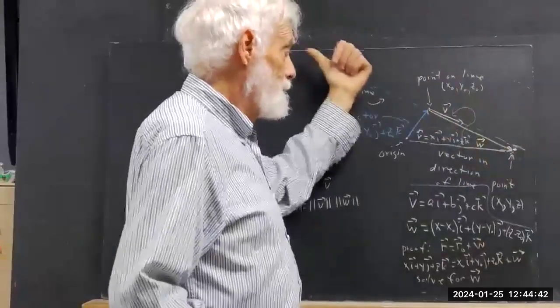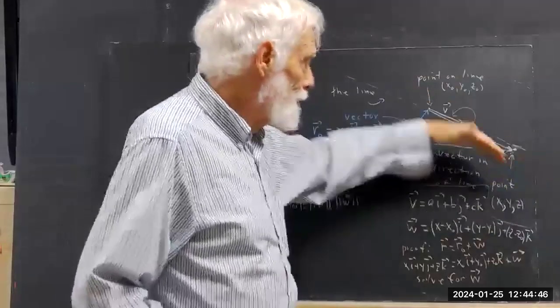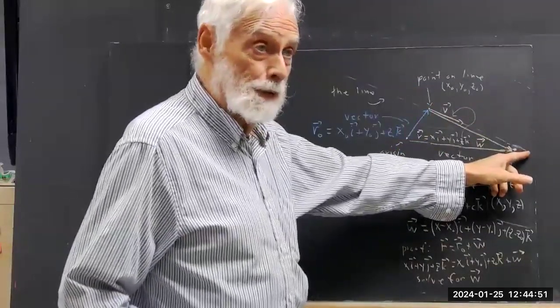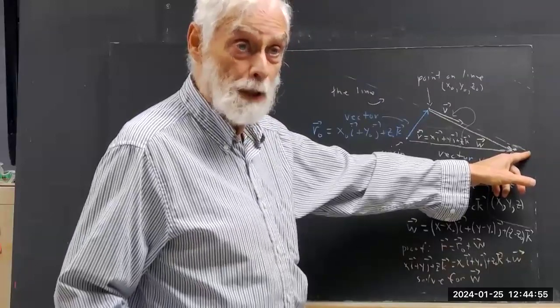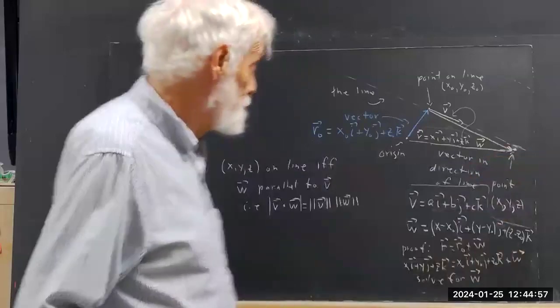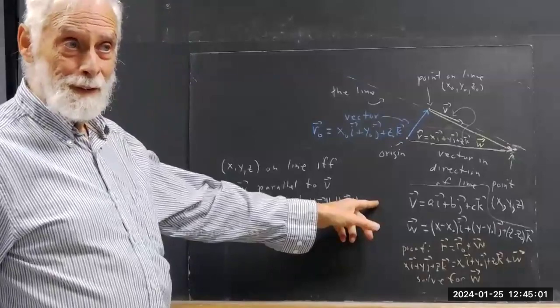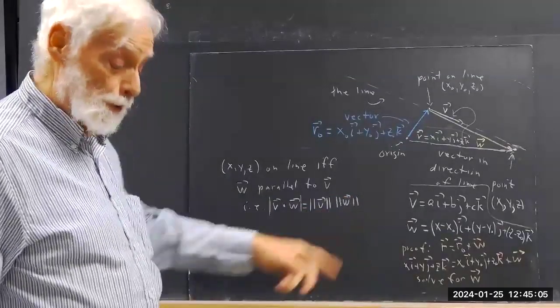Cosine of the angle between B and W when they are parallel. That means that the angle is either 0 or 180 degrees, 0 or pi. Okay. In which case, cosine of theta has a magnitude of 1. So the magnitude of this has to equal the magnitude of this.